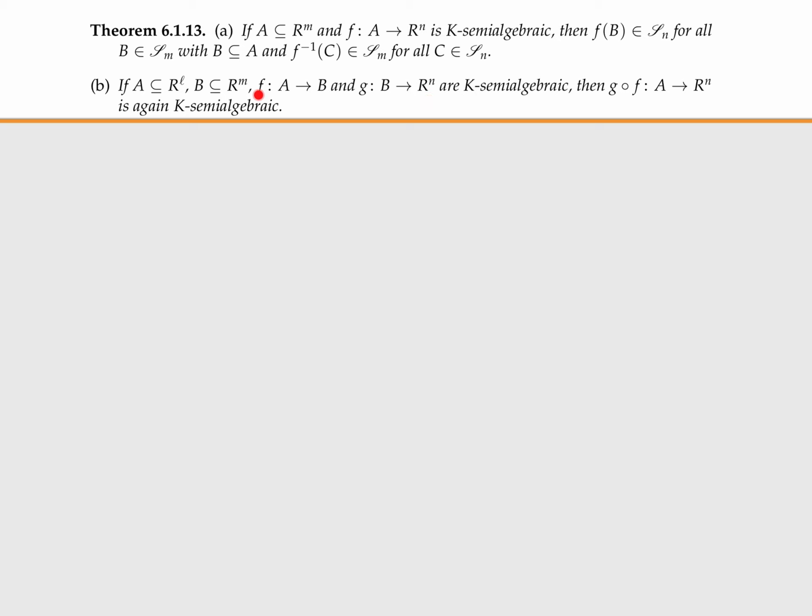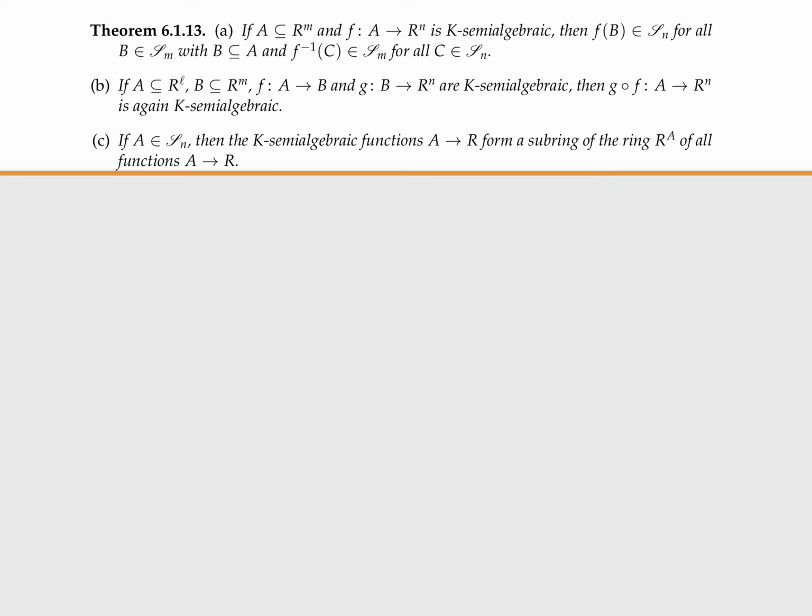So if A is a subset of R2L, B a subset of R2M, and F from A to B and G from B to R2n are K semi-algebraic, then the composition G after F from A to R2n is again K semi-algebraic.